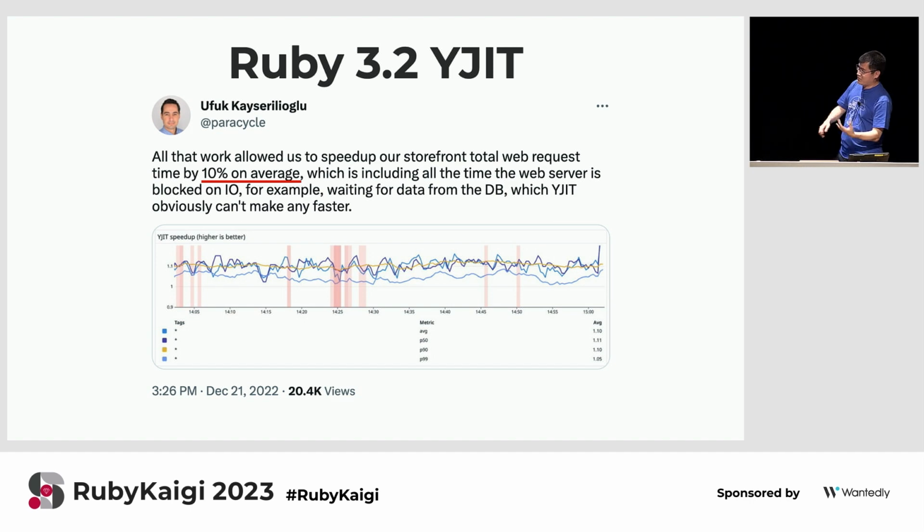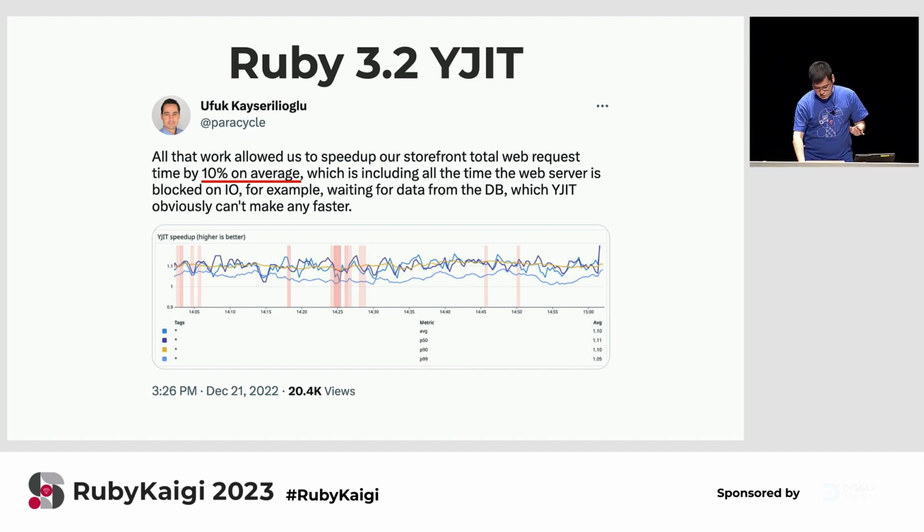If you listened to yesterday's keynote, we are deploying YJIT for the storefront renderer in Shopify's storefront application in production. We are running Ruby 3.2 for 99% of the cluster, and that's 10% faster on average.